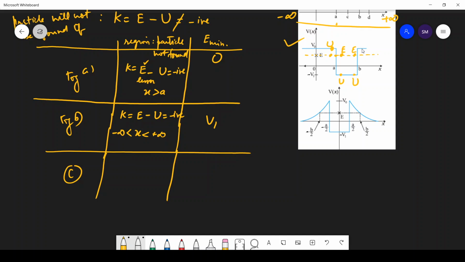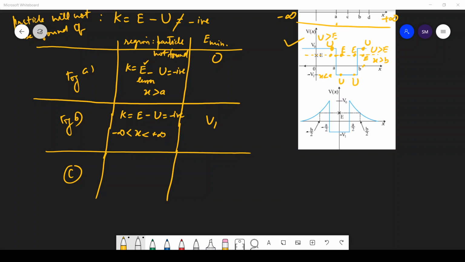But what about this position again? Here again U is greater than E, when x is greater than b, and when x is lesser than a, again U is greater than E. So the particle cannot exist in this region.